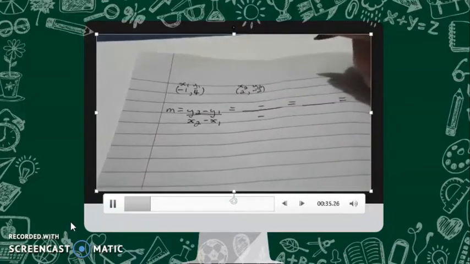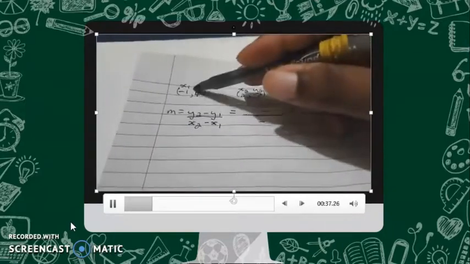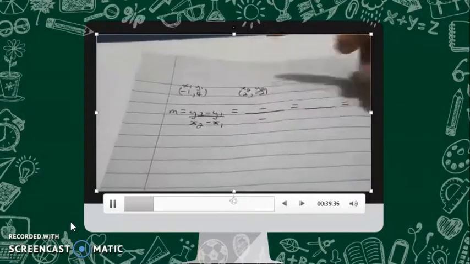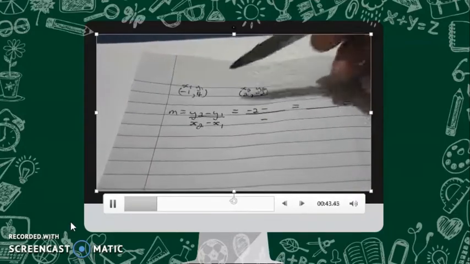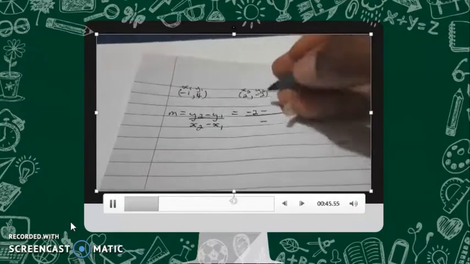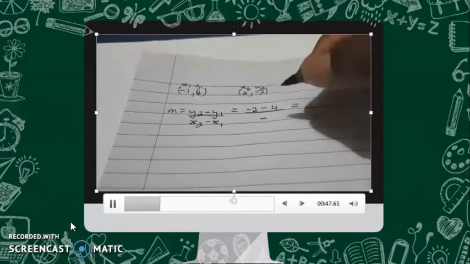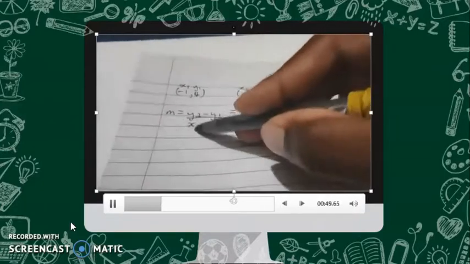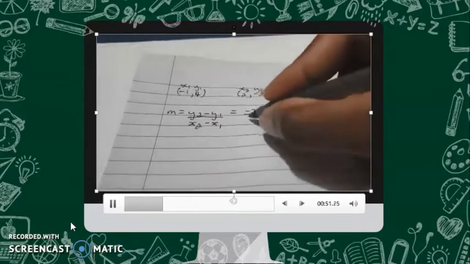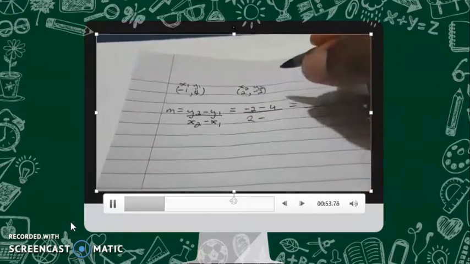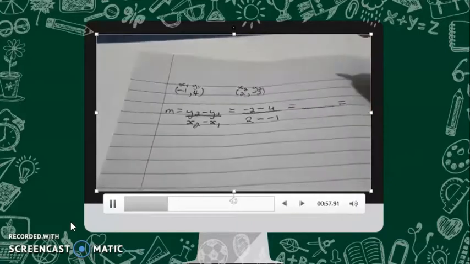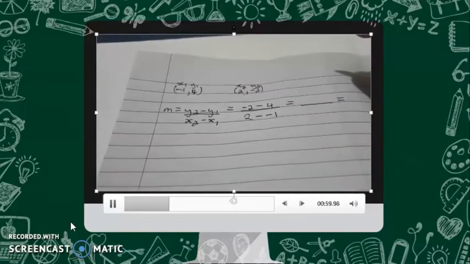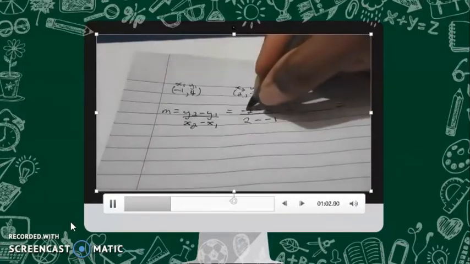So after labeling our points, we substitute. Quite simple. Alright, so now we calculate.